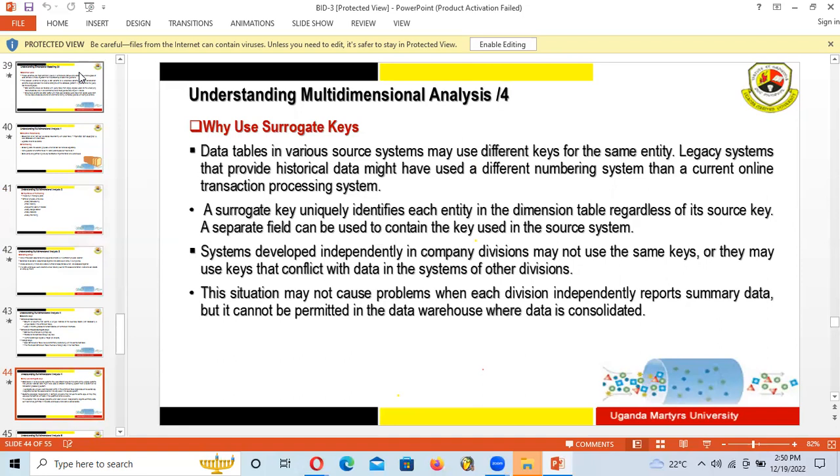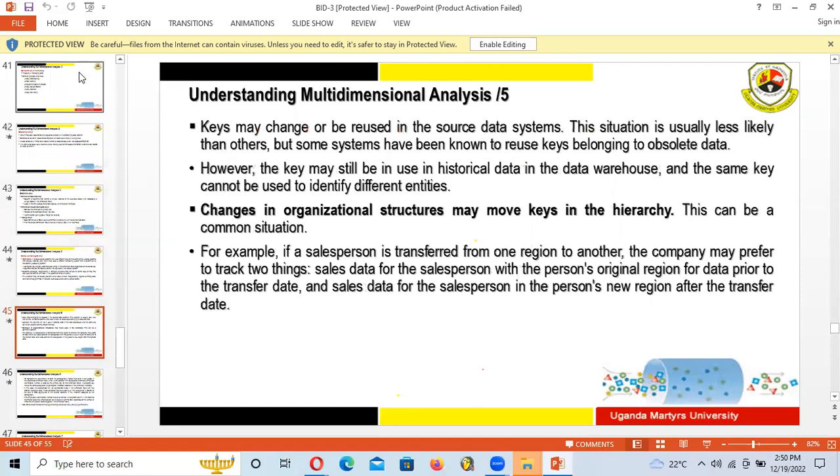So a surrogate key uniquely identifies each entity in the dimension table regardless of its source key. A separate field can be used to contain the key used in the source system. Systems developed independently in company divisions may not use the same keys, or they may use keys that conflict with data in the systems of other divisions. So those are reasons why we should use surrogate keys.